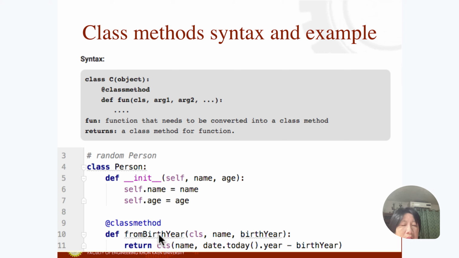So this method from_birth_year actually returns the object of Person. The object of Person will call the init method. Here you can observe that the first parameter is name and the second parameter is age, which is computed by date.today().year minus birth year.